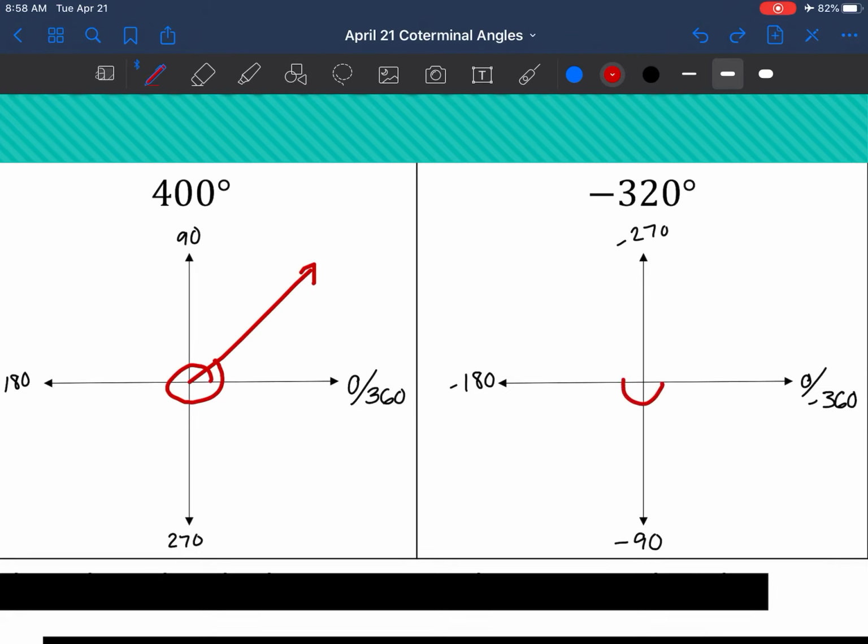You would start here, you would end up here, but when you draw the angle, negative 320 is between 270 and 360, so it's right about here. So when you make that rotation, it looks like this.